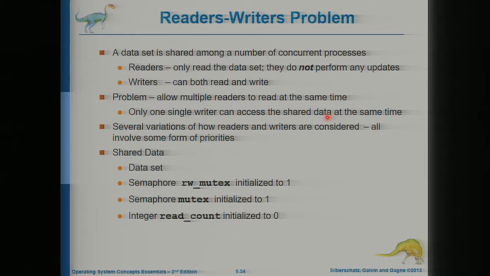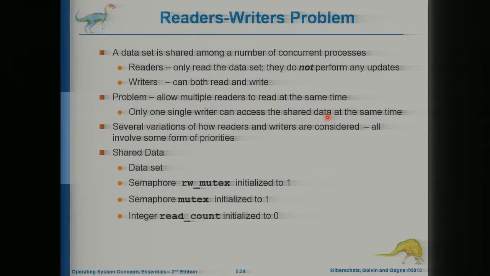N readers can be reading together, but one reader and one writer together cannot access the data simultaneously, and two writers also cannot access the data. So more than one writer cannot access; one writer and any number of readers is not allowed, only any number of readers and no writers is allowed. So that is the readers-writers problem.